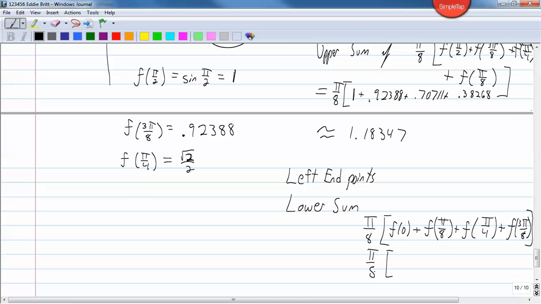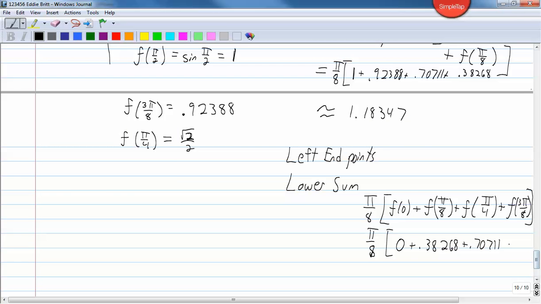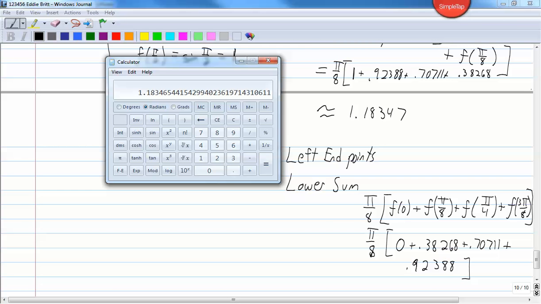Everybody knows the sine of 0 is just 0. Common knowledge again, something we're pretty much born with. Alright, so add all those heights together.